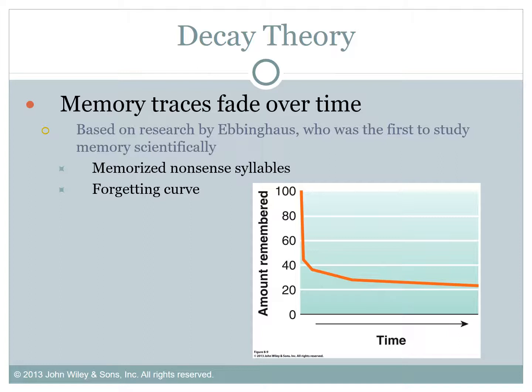Within the first few hours, he lost almost 40%. Within the first day, almost 60% of the information that he'd acquired. Within the first 2 days, he could remember approximately 35 to 40%. And by the time about a week had passed, he could remember about 20% of what had been memorized.